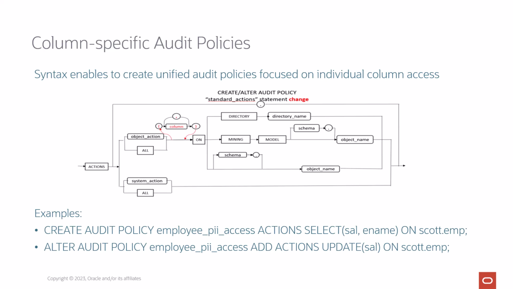And so if you don't want to be overwhelmed by audit records, you want to focus audit policies on what is interesting, for instance, access to sensitive data, which means access to certain columns of your database. Now it's possible to create such an audit policy, and you see the syntax at the bottom of that screen.